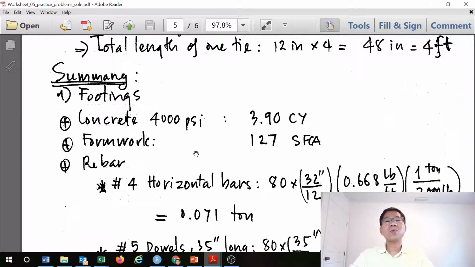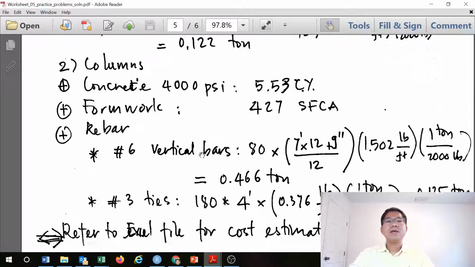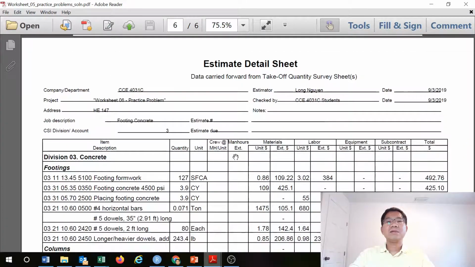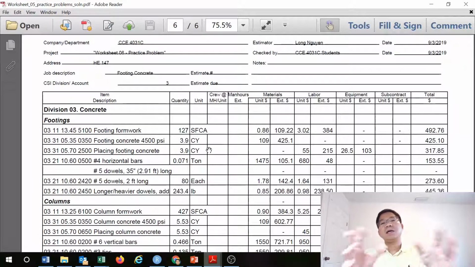And when you have the quantity, then we use the estimate detail, the blank sheet that I provide on Canvas. You can fill it out as we did in problem 3 with the video, and you can see.